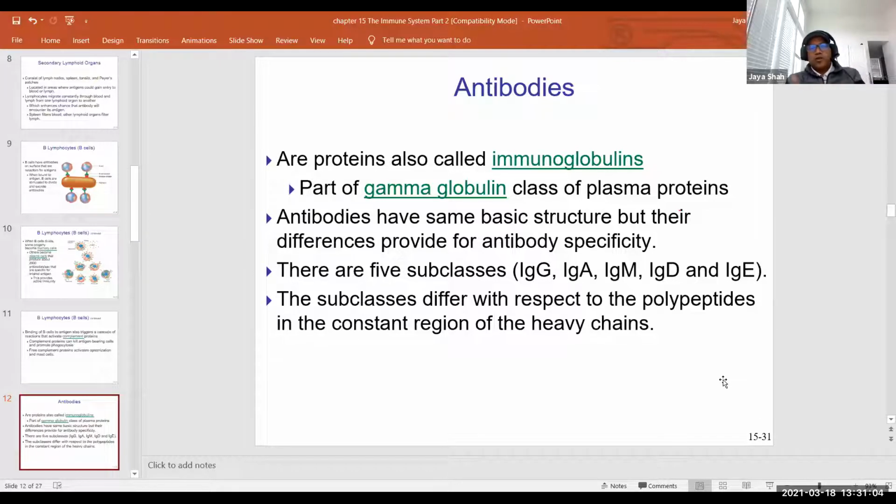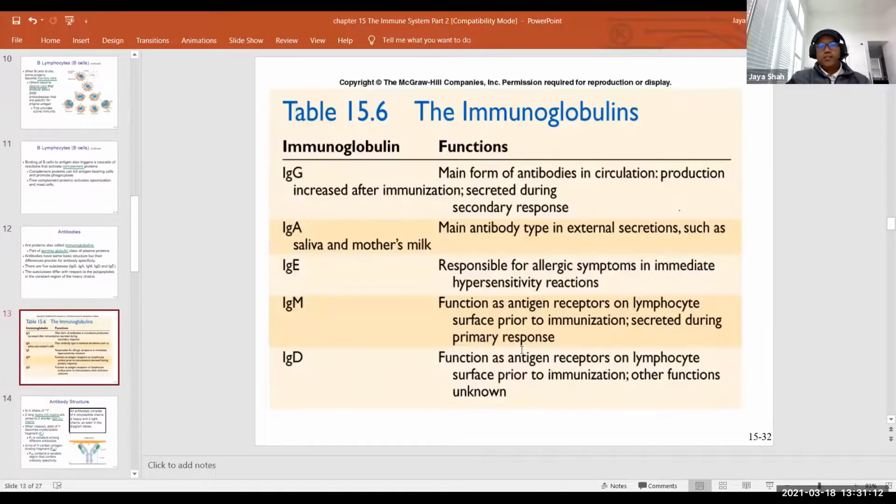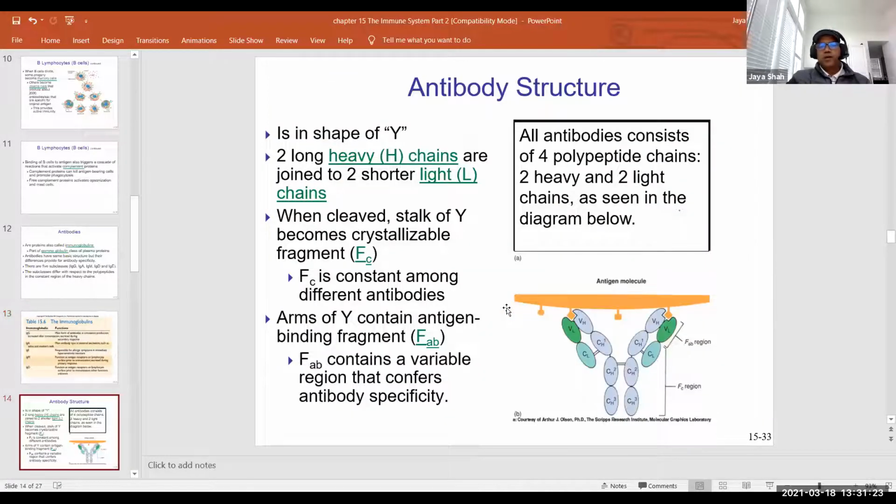In a moment, we're going to talk about those subclasses, okay? And where are they different? In the polypeptide in the constant region of the heavy chain. So let's see. First, these are the 5 types: IgG, IgA, IgE, IgM, and IgD. And here are their functions. So let's go and see the structure. Immunoglobulin or antibodies are in the form of a Y shape.